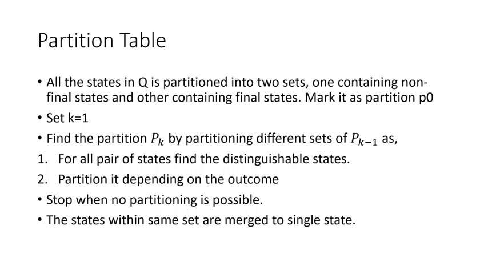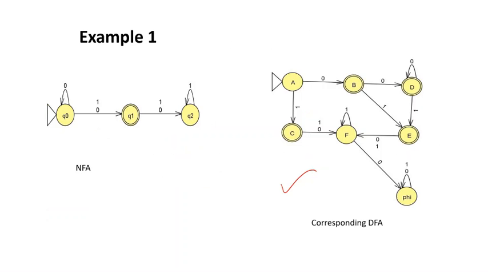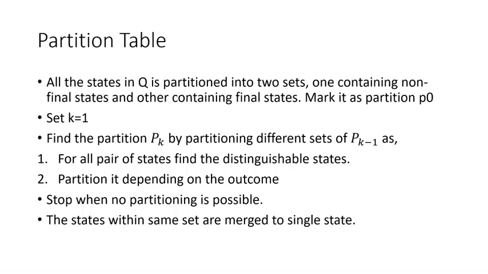Further steps are iterated to check whether any two states of a particular partition are distinguishable or indistinguishable, using the method we previously showed. After getting all the partitions, if more than one state remains in the same partition, those states are called indistinguishable states, and we merge them to get an optimized state.